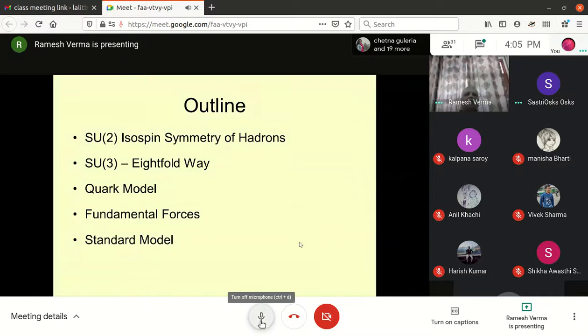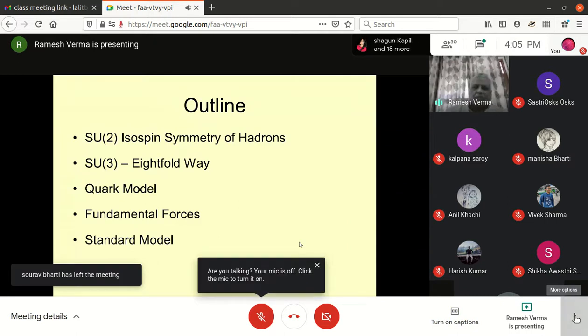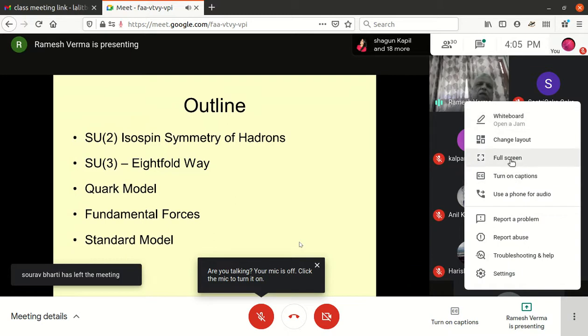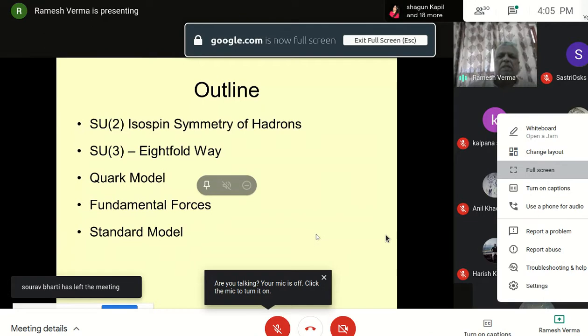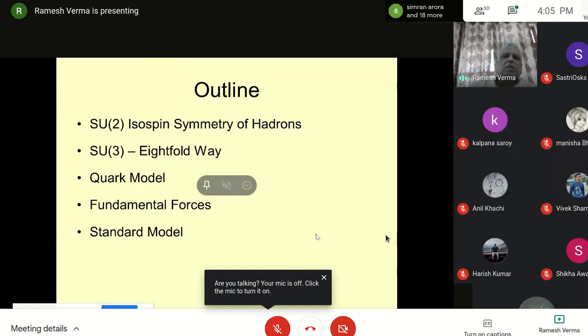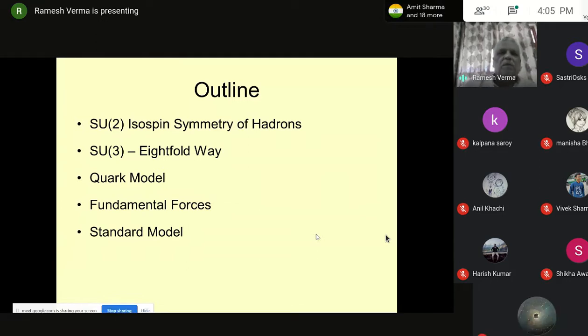So, what I discussed last time was some sketchy view of group theory. I tried my best to avoid the technical details and gave you the major points. What we discussed was group theory and how the angular momentum algebra is nothing but a description of the rotation group, and finally it leads to the spin group, SU2 group, when we have a matrix treatment of angular momentum algebra.